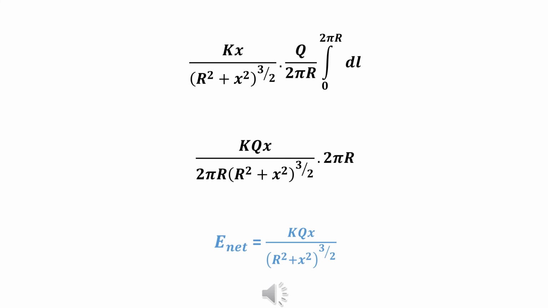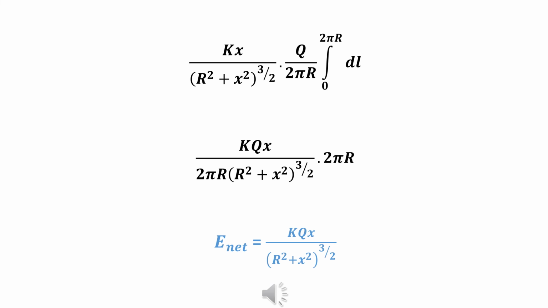At the end of this video you can see how I have integrated dl from limit 0 to 2 pi r. So you will get the net electric field as E net equals kqx by (r square plus x square) to the power 3 by 2. And the direction of this net electric field is along the axis of the ring.